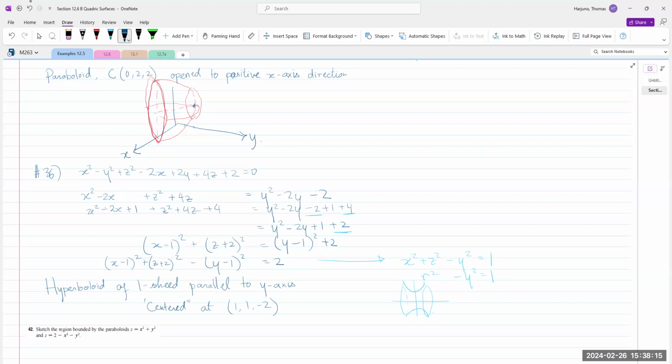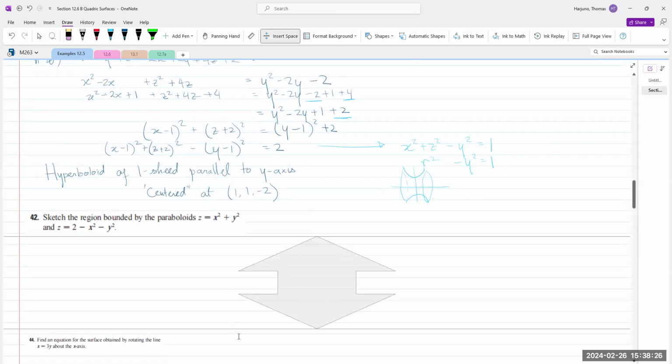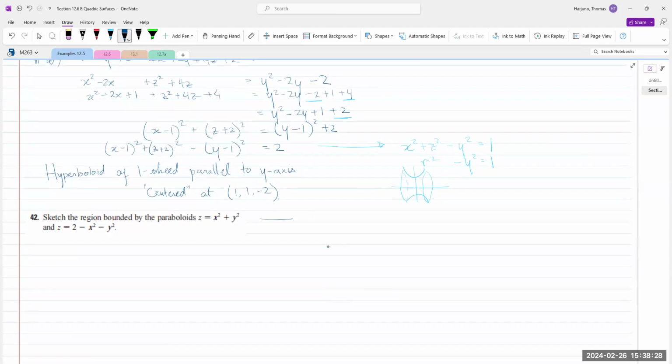Okay. Number 42, it gets a bit harder because we now will graph two things at once. Sketch the region bounded by this paraboloid and that paraboloid. This one here is z equals r squared, so it looks like this, right?